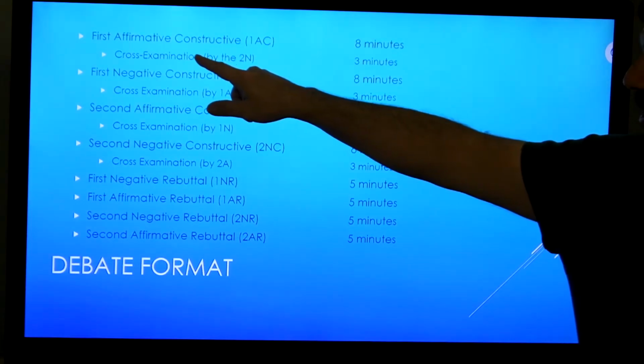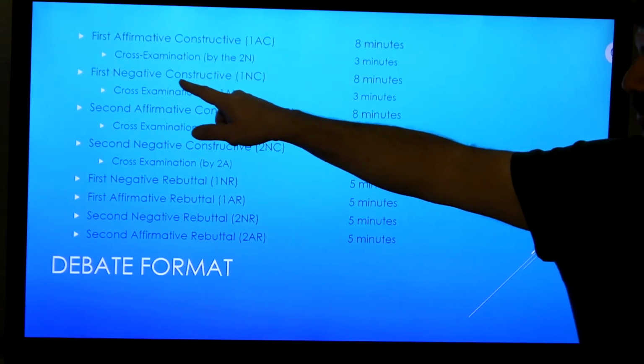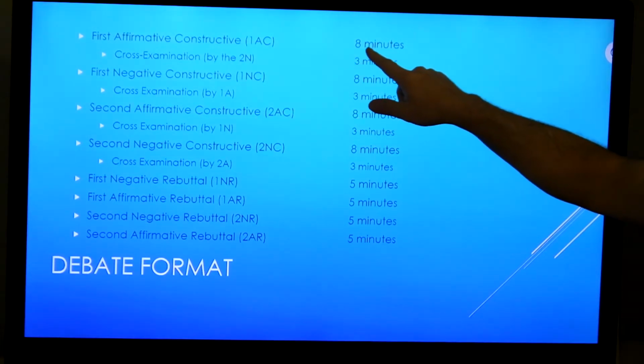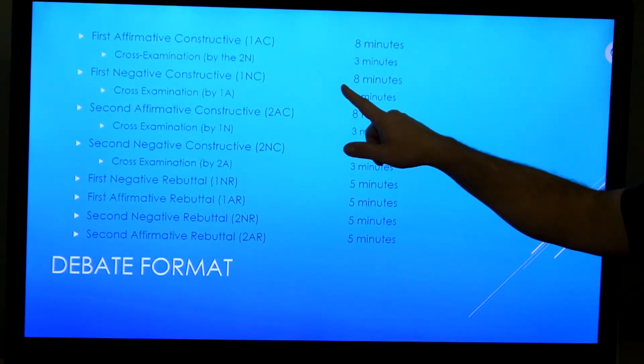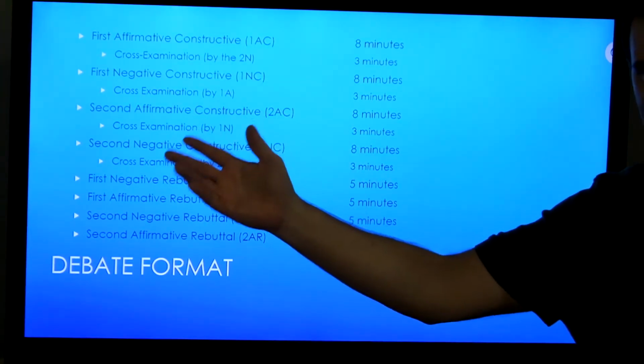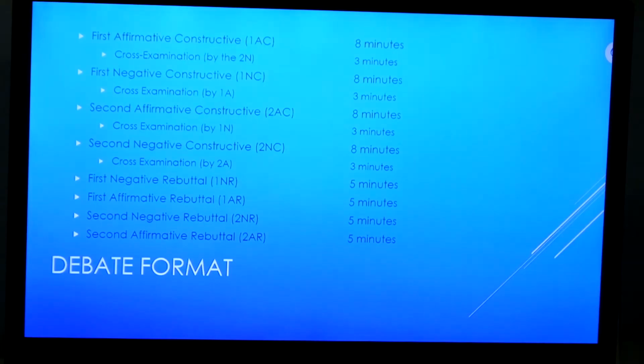During this cross-examination time, this person can start writing their speech. So you've got an extra 3 minutes before you have to start your timer, and you need to be listening to your partner as they're asking questions, because that may be things you want to include.